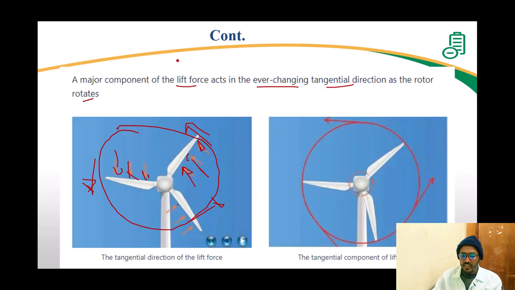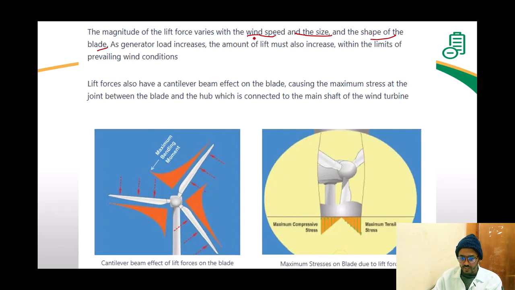The same thing as for drag force, which also varies with wind speed and the size and shape of the blade. As generator load increases, the amount of lift must also increase within the limits of prevailing wind conditions, in order to get the power that we need.